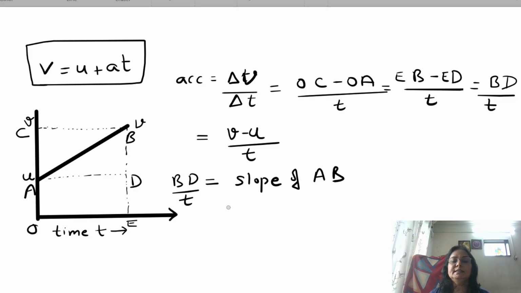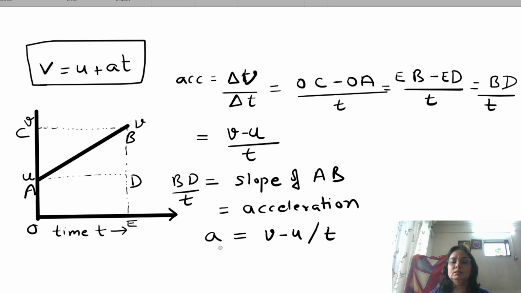So the slope of this velocity time graph gives us acceleration. We are going to recall this. If we remember this, acceleration is nothing but the slope of the velocity time graph. So this is nothing but v minus u upon t. Therefore, at is equal to v minus u, or we can say v is equal to u plus at.